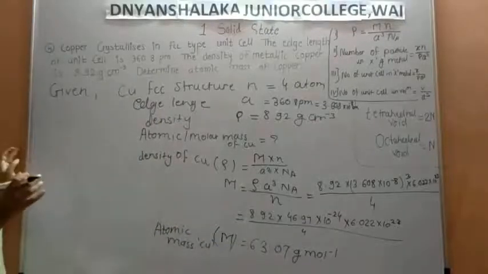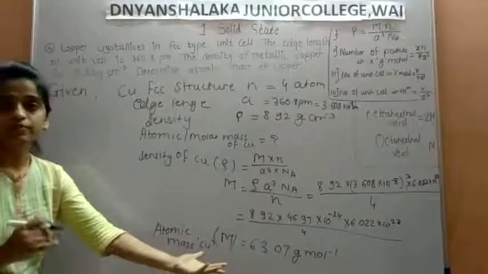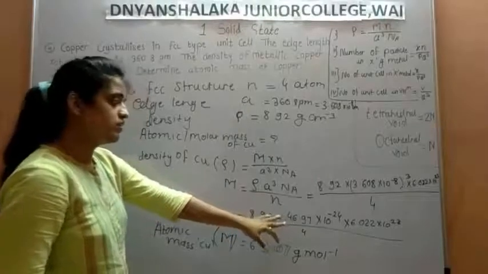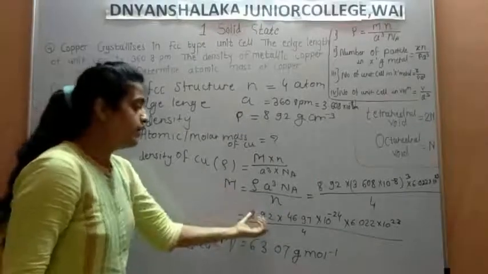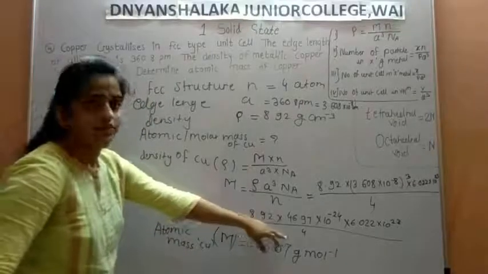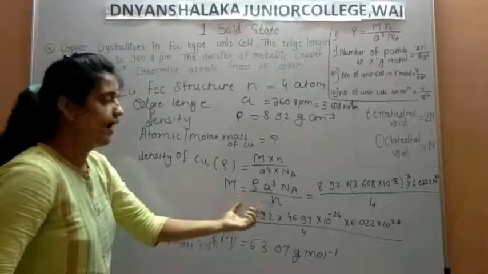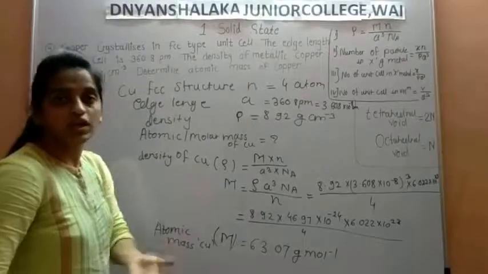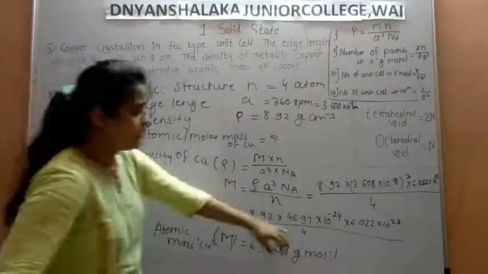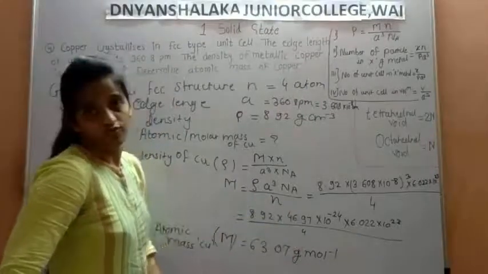This is complicated, so using a log table we find this answer. For multiplication in log table, first we add the log of 8.92 and the log of 46.97, and division means minus. First add these two logarithm values, then check the antilog of this value, and next for division, use the minus sign and subtract the log of 4.